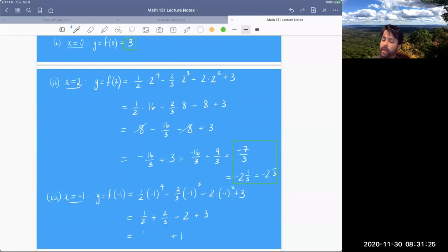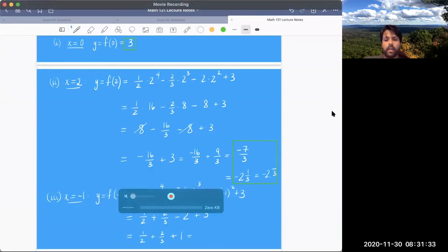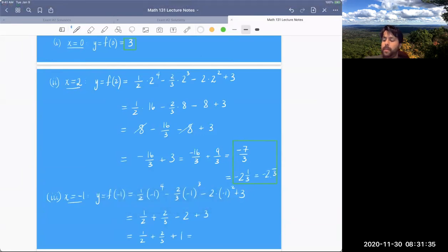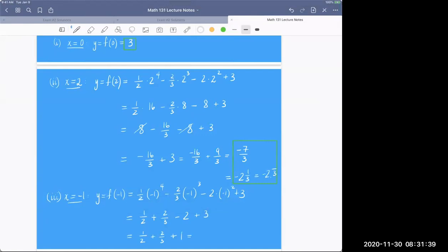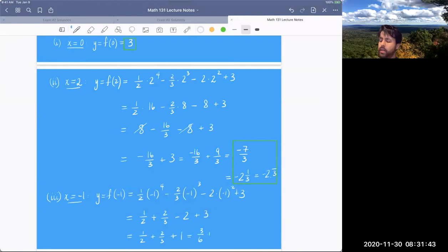And then I have to make these all the same denominator in order to add these up. The least common multiple between 2 and 3 is what? 6. So then I can write this as 3 over 6 plus 4 over 6 plus 6 over 6. And this will equal 3 plus 4, 7 plus 6 is 13 over 6.